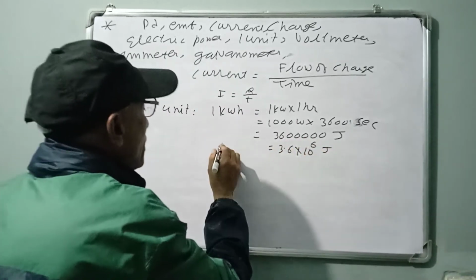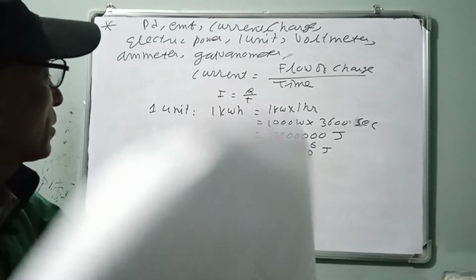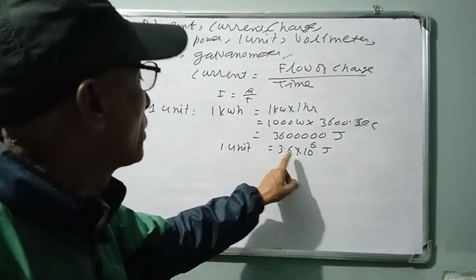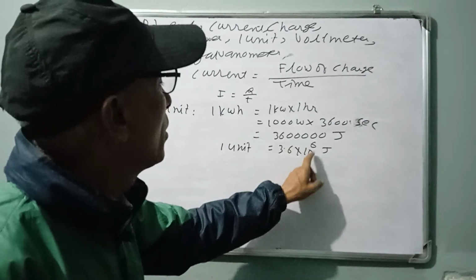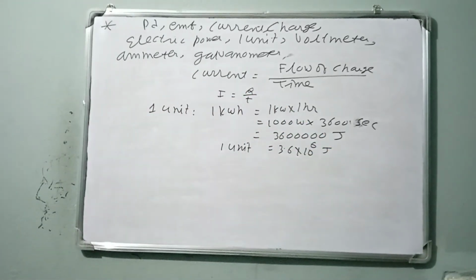How much is 1 unit? We say just 1 unit. कति सानो जस्तो लाग्छ. 1 unit is not a smaller unit. It is a very big unit. See, 3.6 into 10 to the power 6 joule or 36 lakh joule.